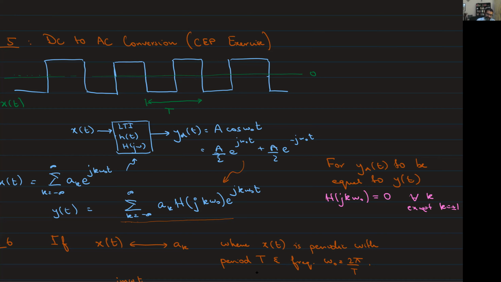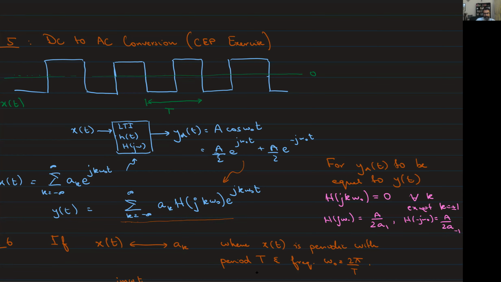And I can choose H of j omega naught to be, I'm skipping a step here, A divided by 2 times a_1, and H of minus j omega naught must be equal to A divided by 2 a_minus 1, and that would ensure that you get a sinusoid out of it.